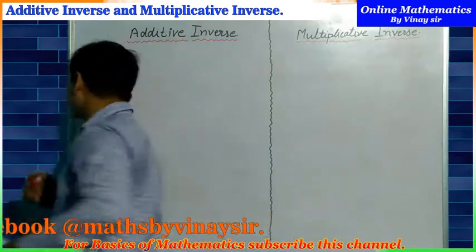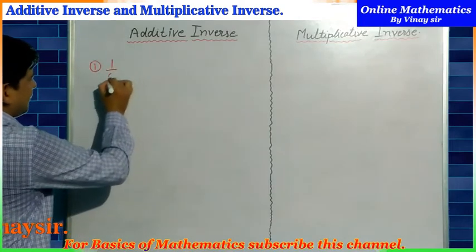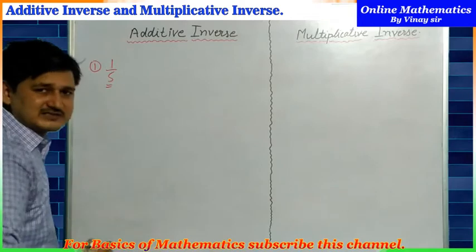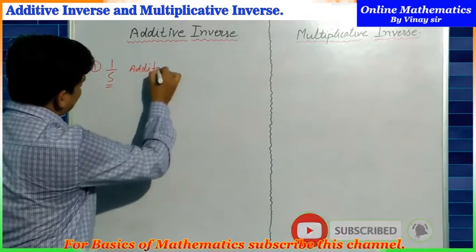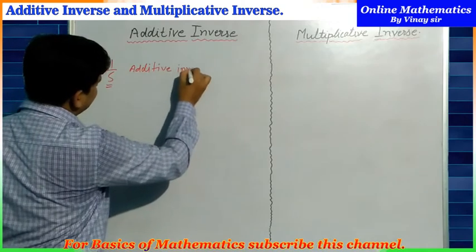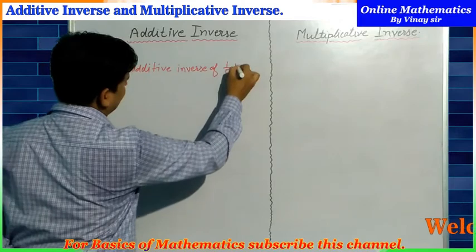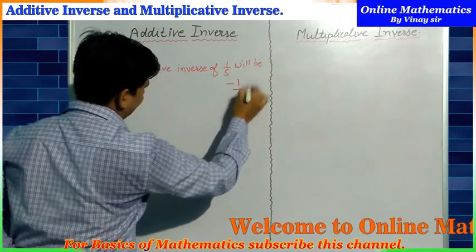The first example is 1 upon 5. We can see this 1 upon 5 is a positive rational number, so the additive inverse of 1 upon 5 will be minus 1 upon 5.